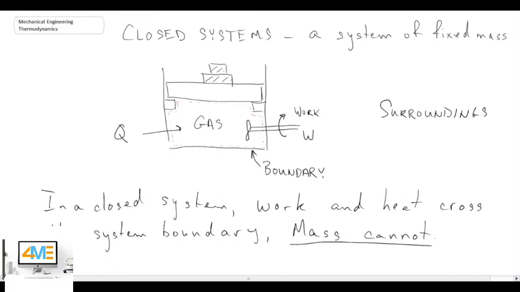The second type of system that we will look at is the open system. And this is a system whereby mass can cross the boundary of the system.